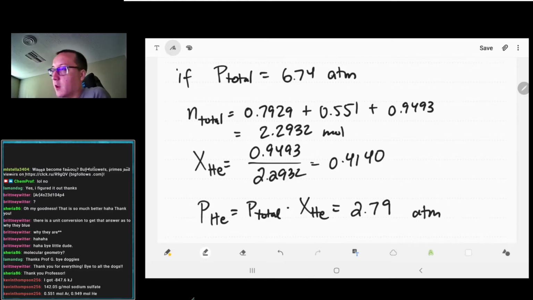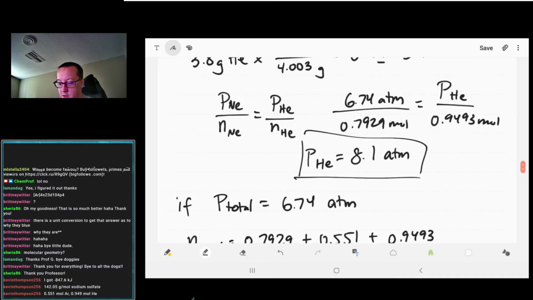Though it looks like we need proper sig figs as always. And so that's what we would get. Slightly less than half. Yeah, that makes sense. Okay. Hooray. So I guess two ways to work with these sorts of partial pressures. We can just use the combined gas law to compare two partial pressures directly if we already know their moles.